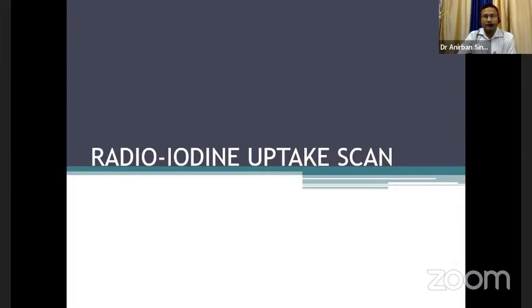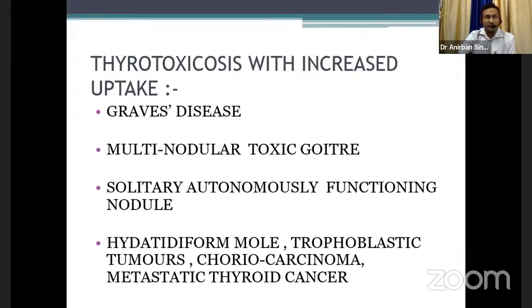Another very important investigation in thyrotoxicosis is the radioactive uptake scan. In Graves' disease the uptake is homogeneous, while in other conditions there is no uptake. So all these things are there with different outcomes, such as hydatidiform mole or choriocarcinoma, and metastatic thyroid carcinoma. Uptake can also be reduced.